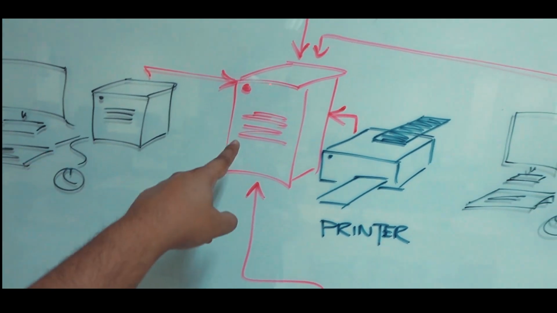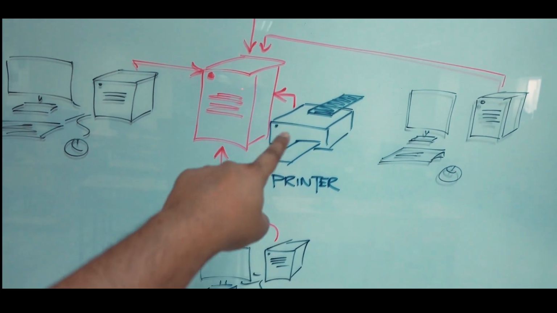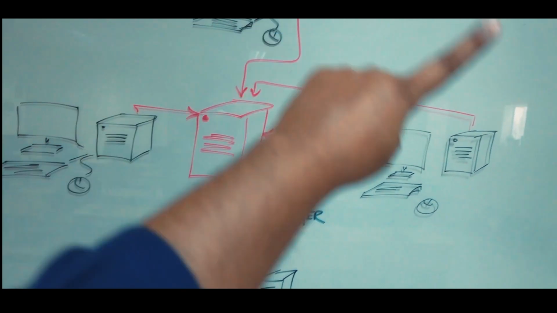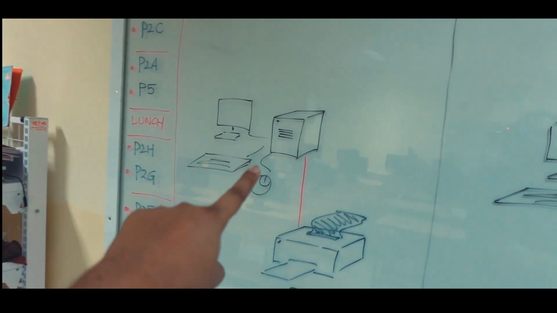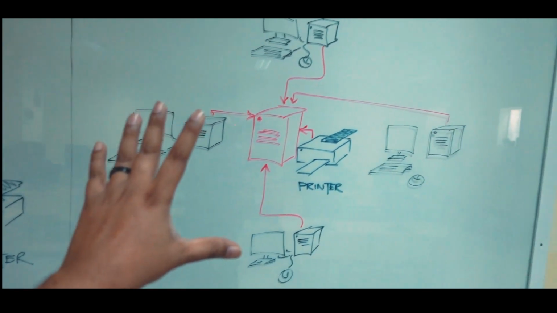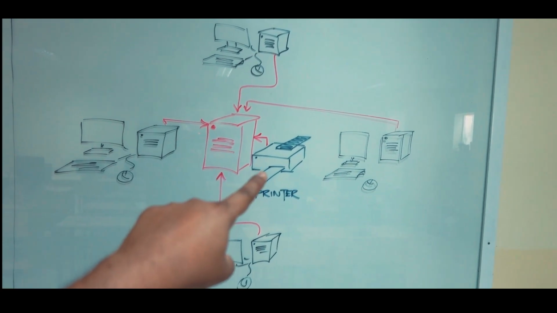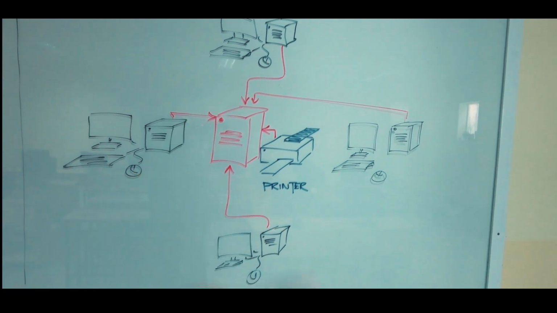So that means I can print from any computer as I want. I can print from anywhere, and I can still use the printer by using 4 machines. So this one is known as a single setup right over here, and this one is known as a network setup. As you can see, there are 4 computers, and there's a CPU right there, and the printer is right next to it. Okay, see you next lesson, guys.